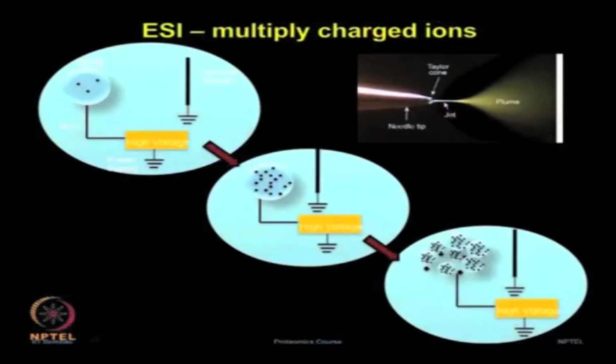You can see this process with much clarity in this slide. The top panel shows the Taylor cone generation, and in the center the production of multiply charged ions is shown. Usually it is coupled to the MS via real time liquid separation.